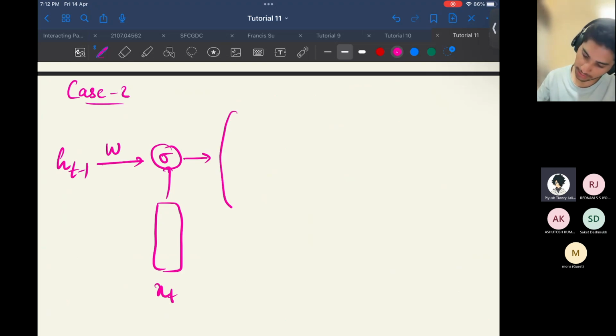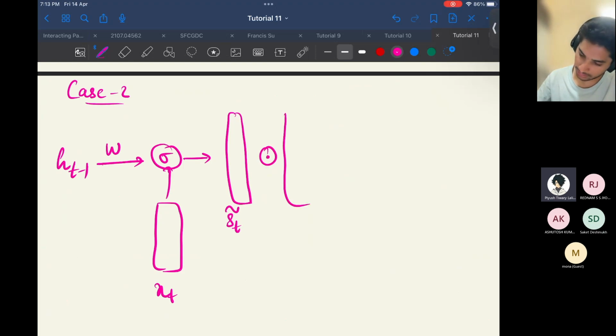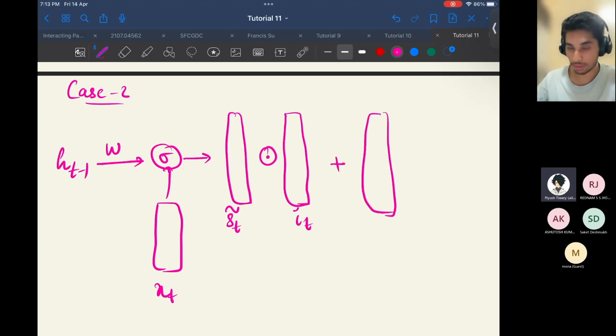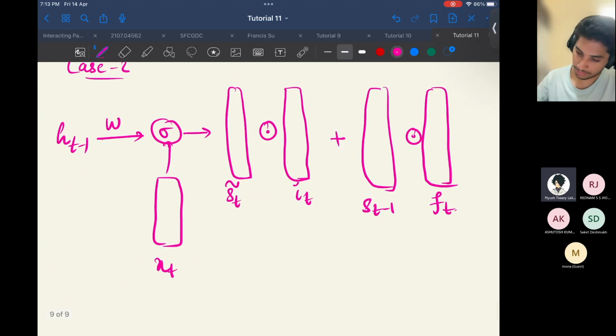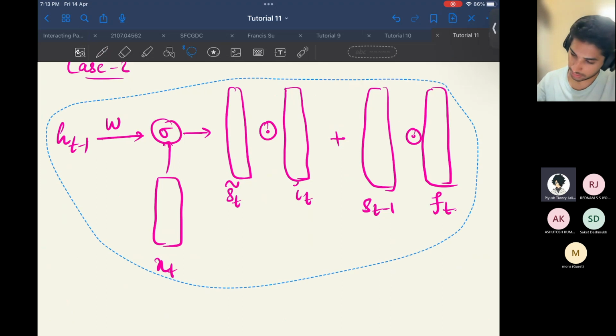Then whatever the output is, let's say st tilde, I take the dot product of it with something called it. And I am also taking whatever the previous network's output was, st minus 1, and doing a dot product with ft.